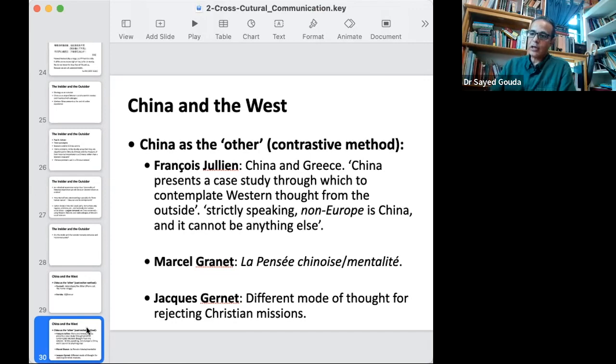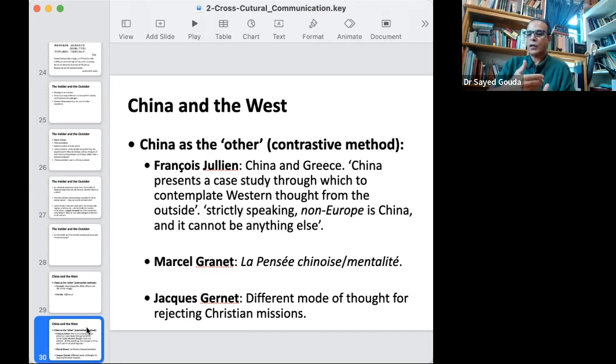Jacques Gernet actually explained and justified the failure of the Western missionaries in China due to the different modes of thought. He said that the Chinese mentality, the Chinese mode of thought, is so different, the opposite of the Western mode of thought.